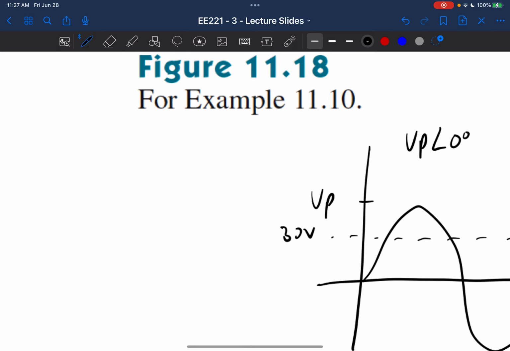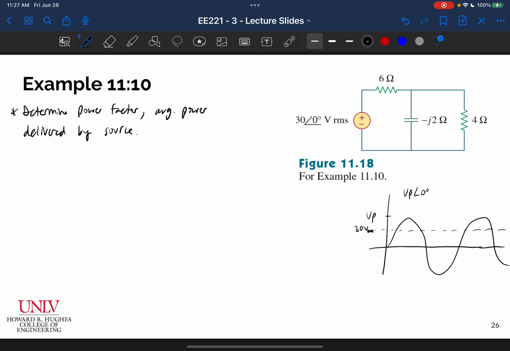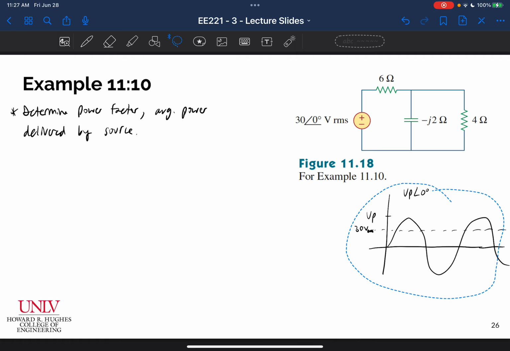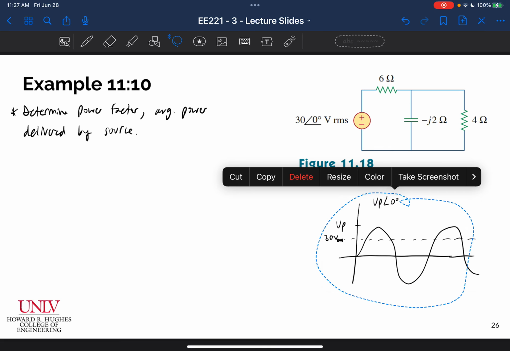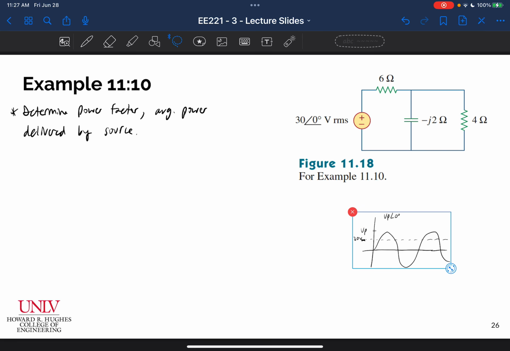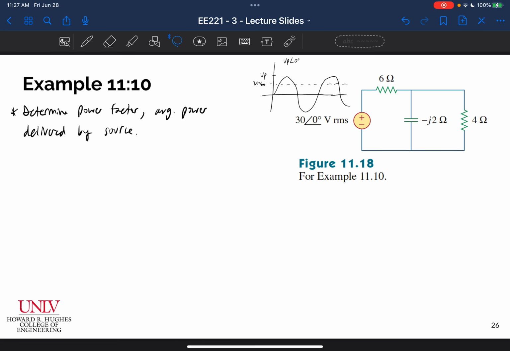So let me grab that, minimize it and throw it up there so that we can make sure we understand what's going on here.